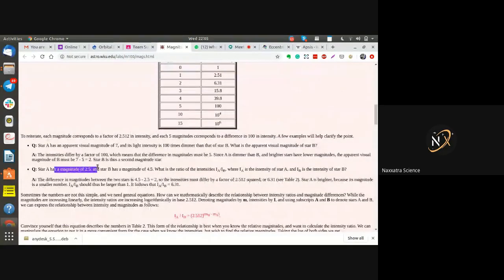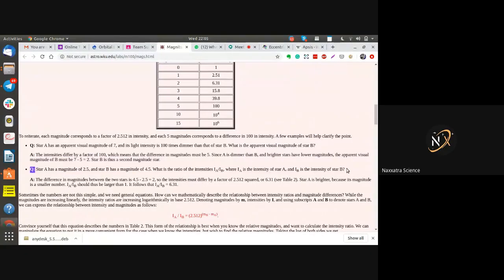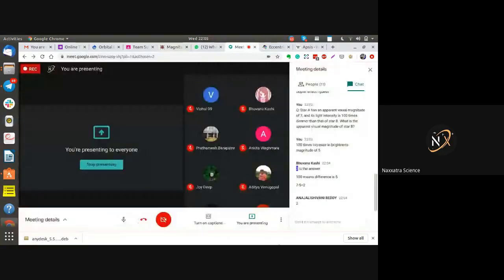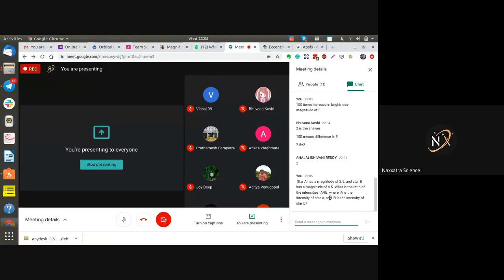Now let's try this as well. Looks very simple. Don't look at the answers. Star A has a magnitude of 2.5. Intensities. Yeah, this is also easy.